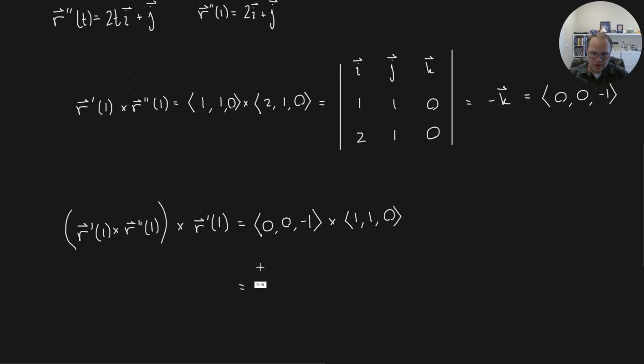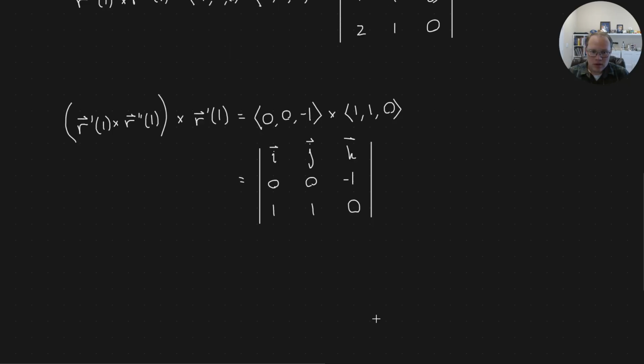So let's find the cross product. So I do i, j, k, first vector first, second vector second. For i, I'm going to get 0 minus negative 1. So that's 1i.